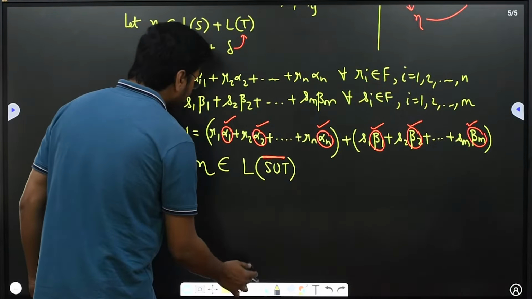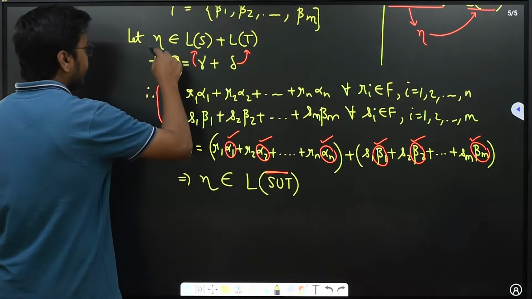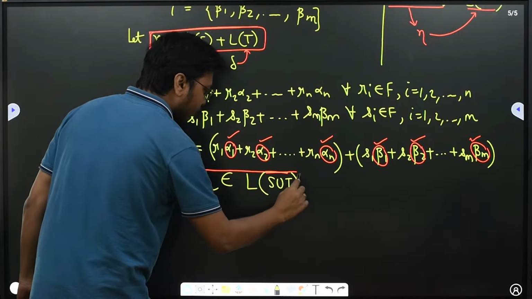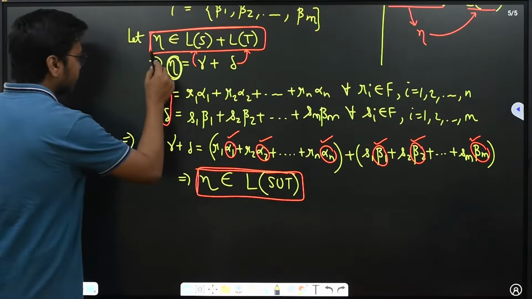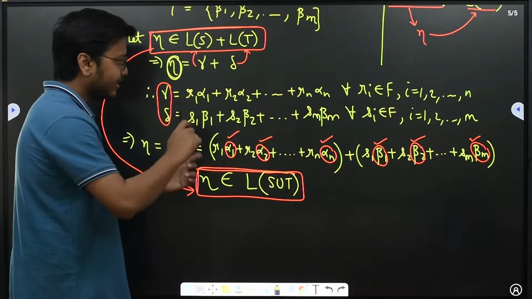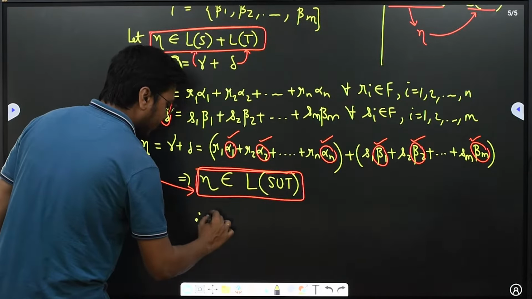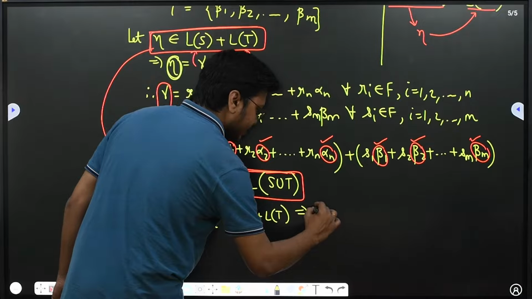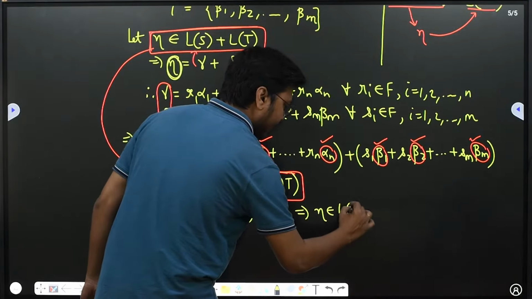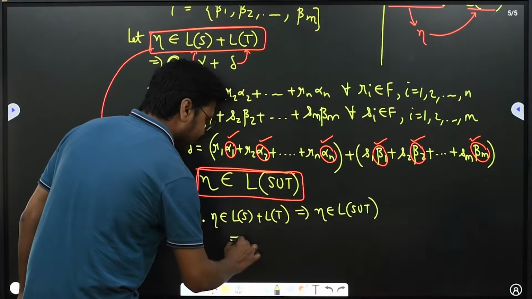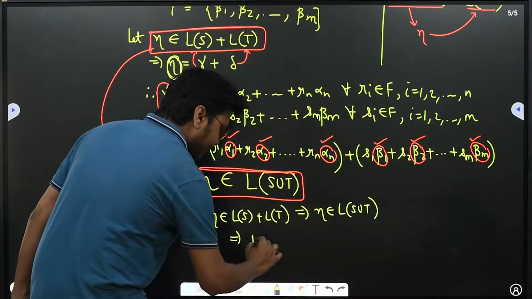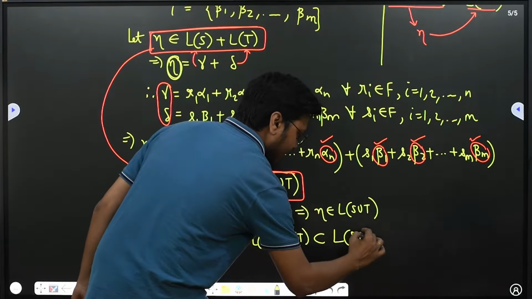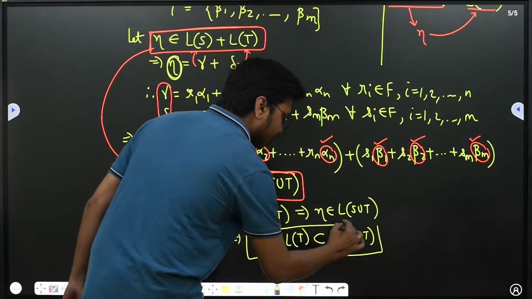I started from eta belongs to Ls plus Lt, and I have reached eta belongs to L of S union T. Therefore eta belongs to Ls plus Lt implies eta belongs to L of S union T. This together means that Ls plus Lt is a subset of L of S union T. So that's our first part.